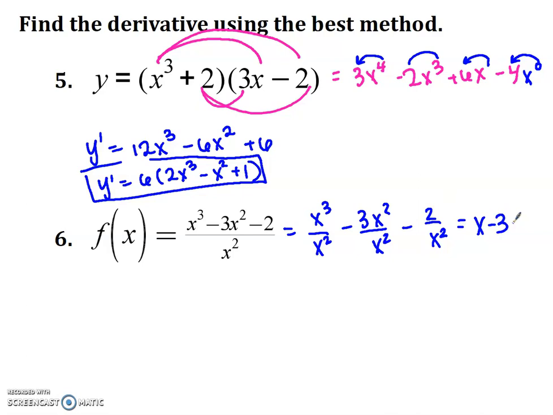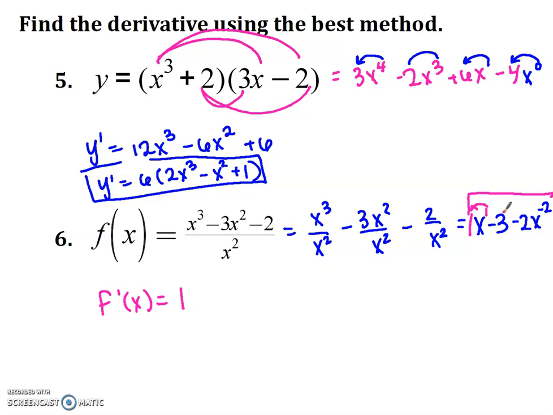Here, before I can take the derivative, I just need to move that x up and make the exponent negative. Okay? So now that I've simplified it, I've got 3 separate terms, so I can just use my power rule for the derivative. Okay? So this would be 1 times 1, so 1x to the 0.